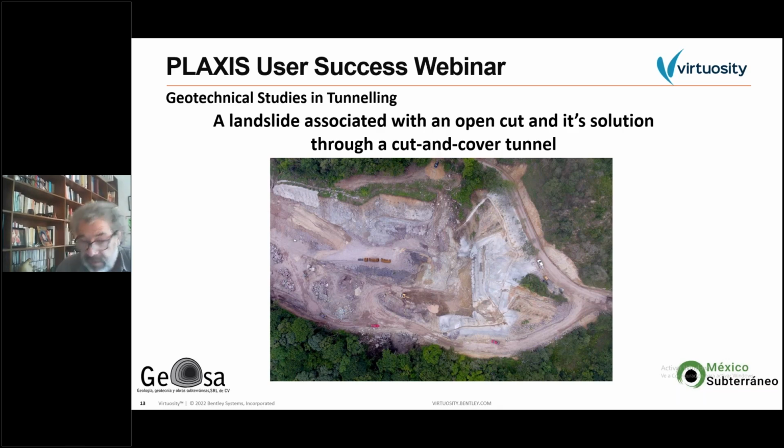The movement started at just some meters before the portal of a very big tunnel. Actually, it was not part of the portal. It was a little bit behind, but it was so big, and some geological structures combined in a way that also affected the stability of the tunnel portal.